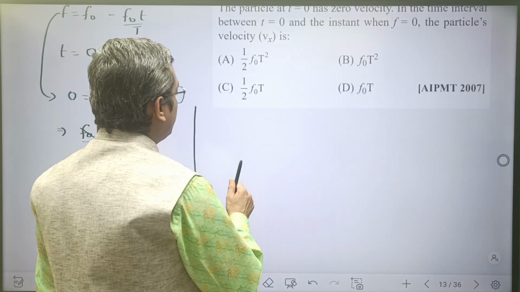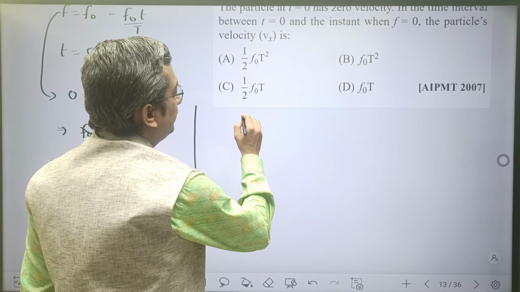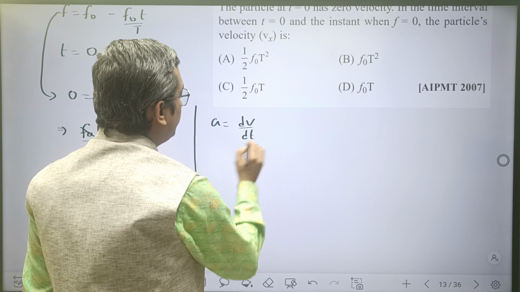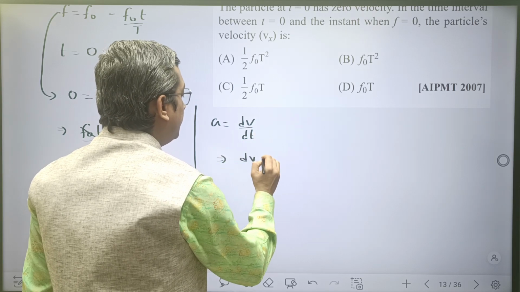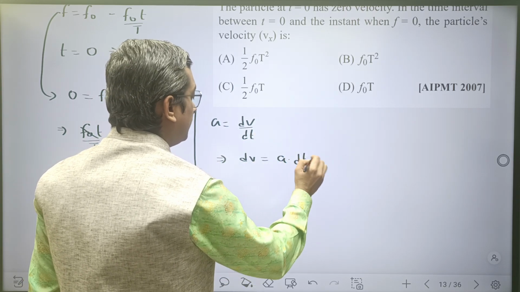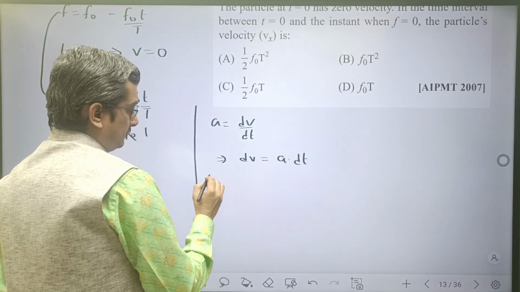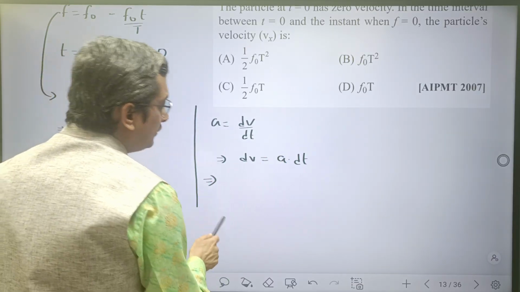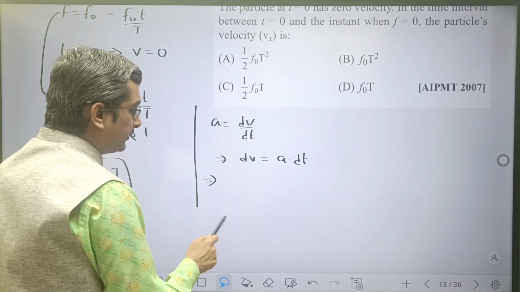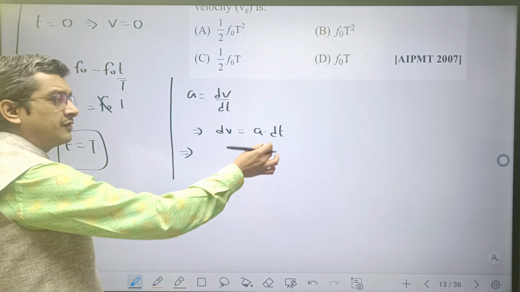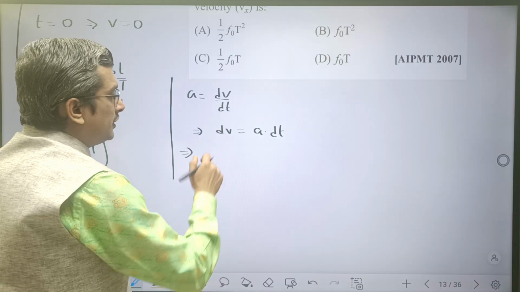So as we know, a is equal to dv by dt. So from here we have dv is equal to a dt. This is acceleration and this is how we write this. So this is infinitesimal small change in velocity given by acceleration multiplied by small infinitesimal time interval.